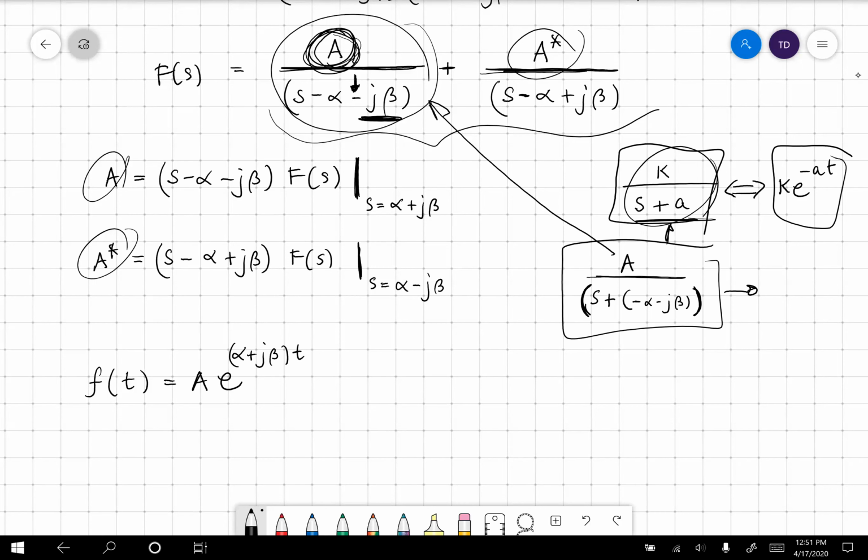Those are complex conjugates of each other. Well, using our property, so let's state that. This is term number one. This will be term number two. One and two are complex conjugates of each other.